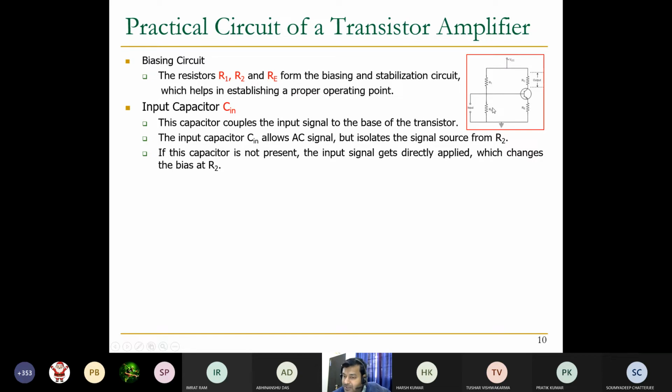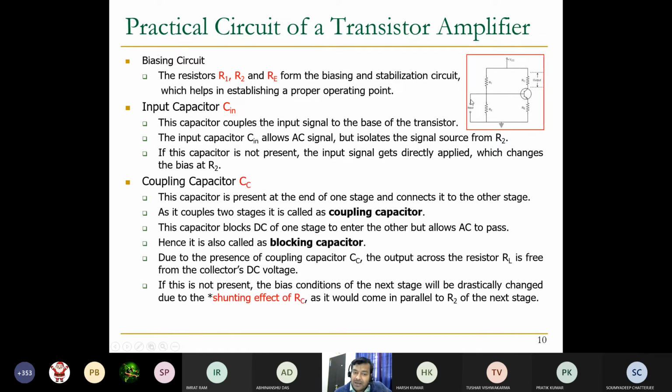If the capacitor is not present, the input signal directly affects the bias, or DC level, at R2. That's why this extra capacitor is used in a single stage amplifier.